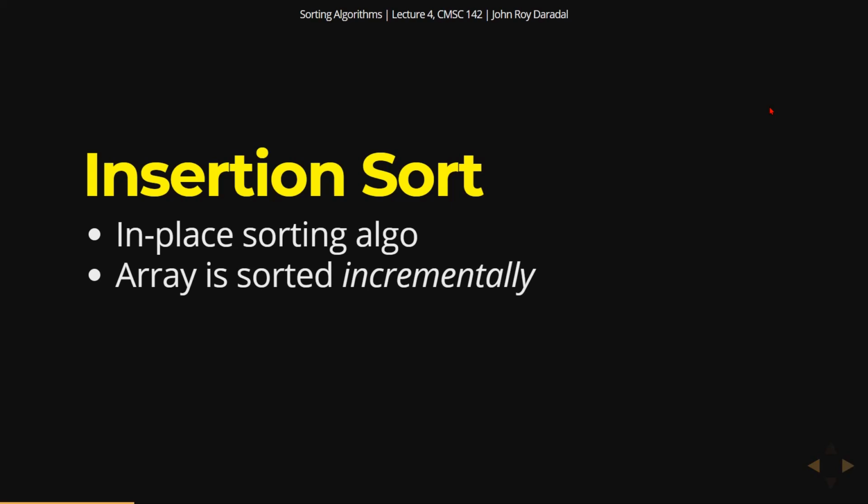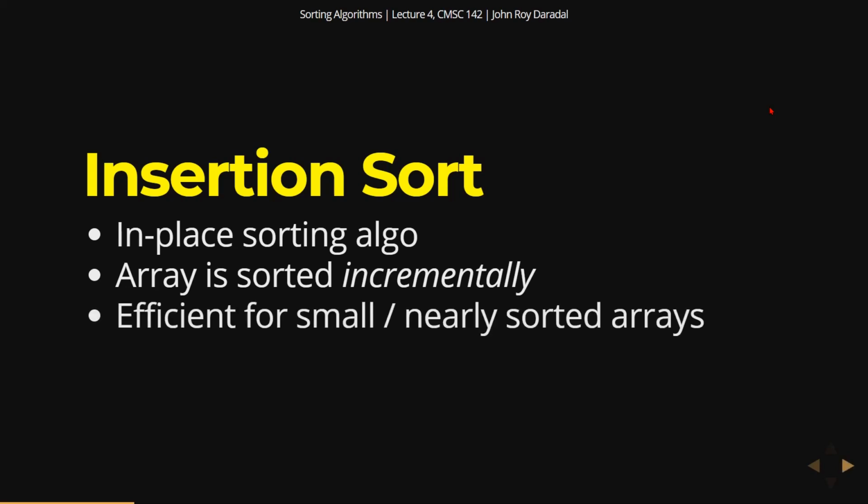And in doing insertion sort, the array is actually sorted incrementally. So you are increasing the sortedness of the array as you go. Okay, and it's efficient for small arrays and nearly sorted arrays. If it's already close to the sorted version, then it's a good algorithm for that one.